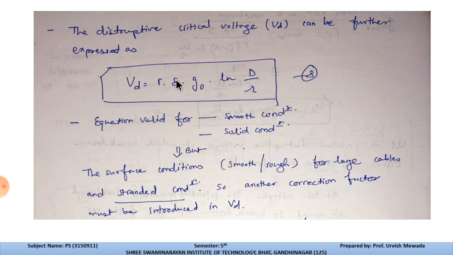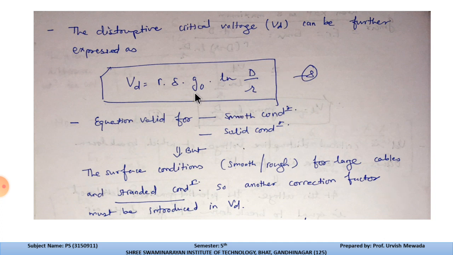But for large cables and stranded conductors, where the surface condition may be smooth or rough, another correction factor must be introduced in Vd, because the surface of the conductor may be rough or smooth, as we use a number of wires to make it stranded.